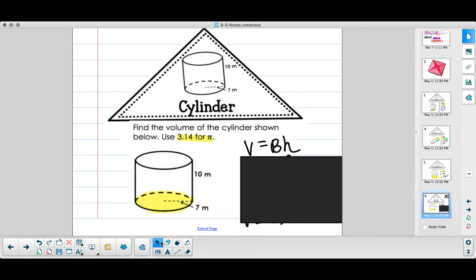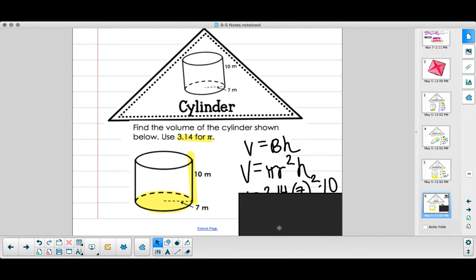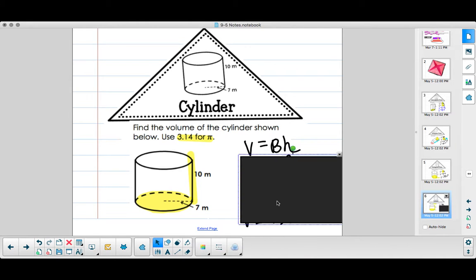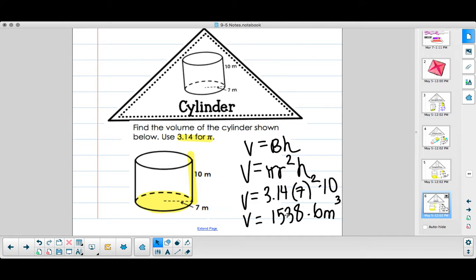It doesn't mention anything about rounding, so we're just going to keep the number as it is. So we're going to do 3.14 times 7 squared, and then times the height, which again is the length from base to base or circle to circle. So 3.14 times 7 squared times 10. 3.14 times 49 times 10 is 1,538.6 meters cubed.